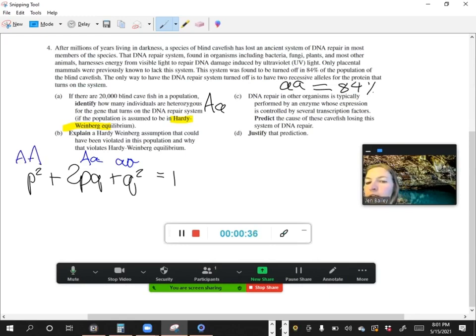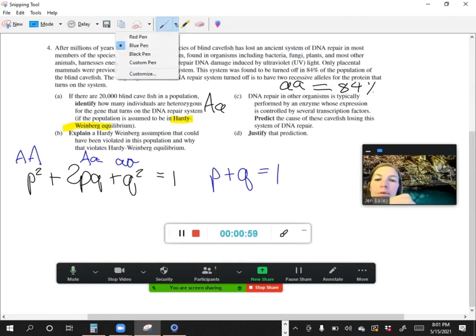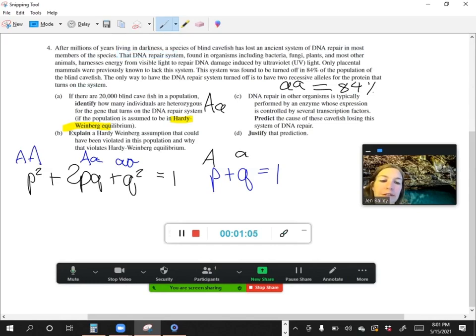Okay, so whenever you write down your Hardy-Weinberg equilibrium, go ahead and write these above it there too. Okay, something else that is useful to know is that if you simplify this equation, what you get is P plus Q equals 1. What in the world does this mean? This is one version of the allele, okay? P is the dominant and Q, right, is the recessive.